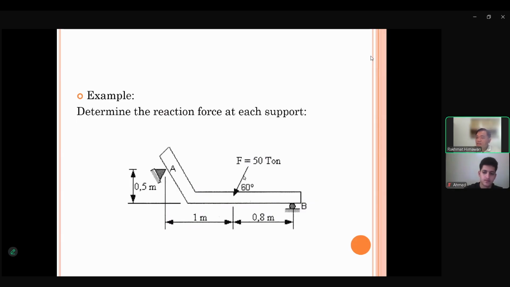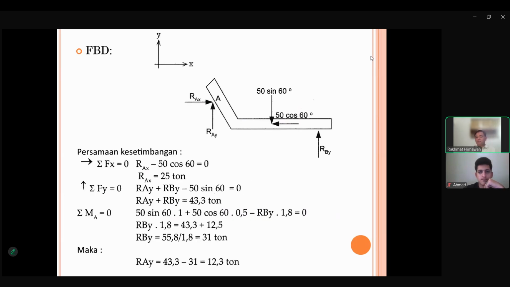And F we can also decompose into X and Y direction into this. Look, at the B point, which was a roll, we have this RBY. You can just put RB, but we put Y to notice that this is in the Y axis.